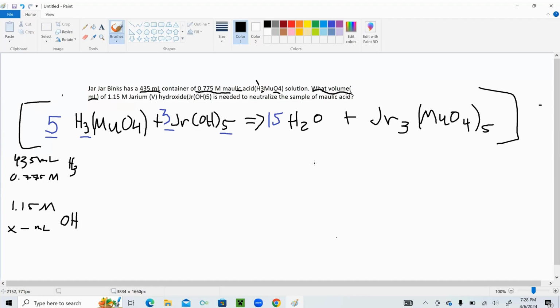There are two things that you have to know for these problems. One is how to balance the equation, and two, besides what I've already mentioned about writing out the formula and naming acids, you need to know how to go from milliliters and molar to moles, because we have to do a stoichiometry problem to convert moles of the acid to moles of the base.